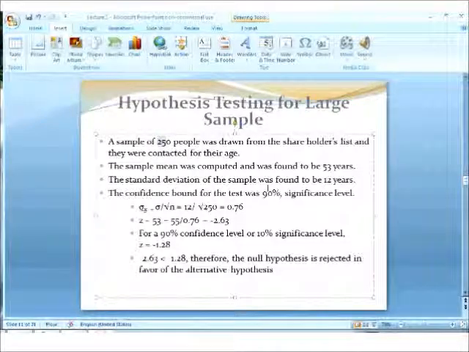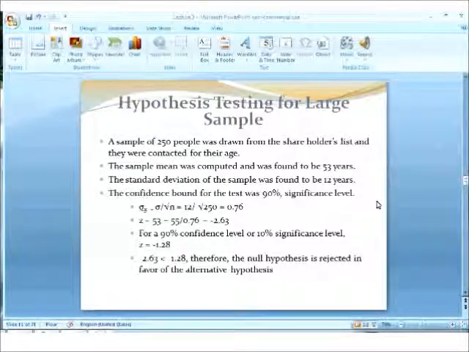And they selected a confidence level of 90%. They say that we are 90% confident about our claim that the average age of the workforce is greater than 55. Or, in other words, they consider a significance level or alpha of 10% or 0.1, which means they are allowing 10% error in their decision. They are allowing 10% type 1 error.